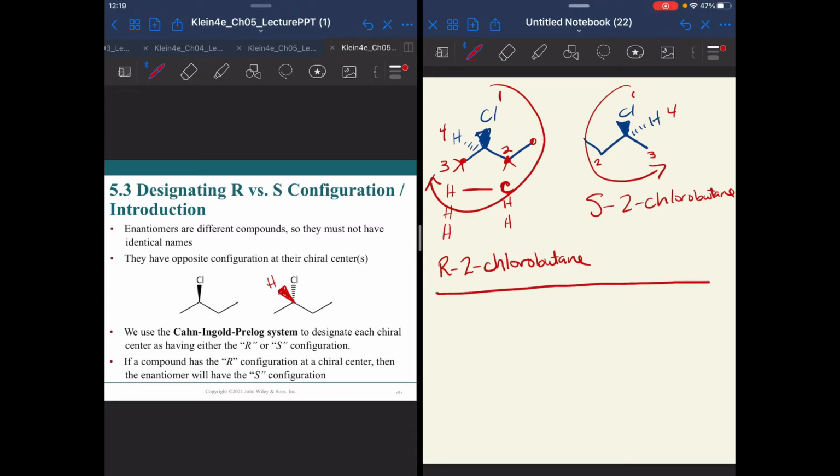So I want to also advise you on a trick here. If the fourth priority is to the back, follow the rule.